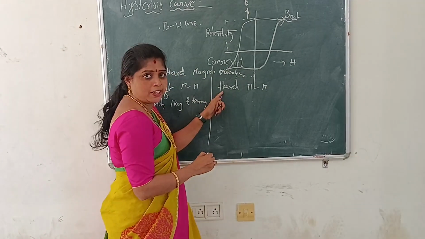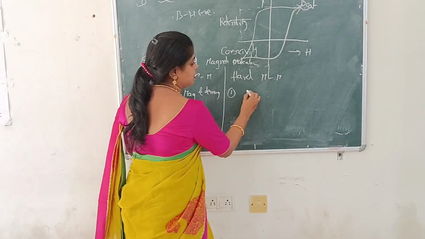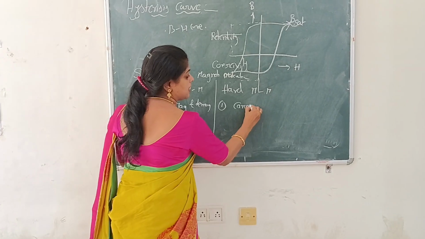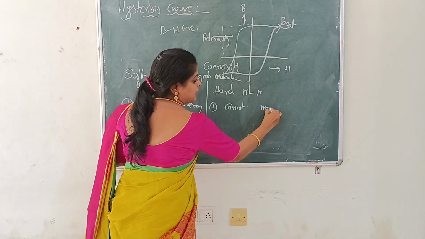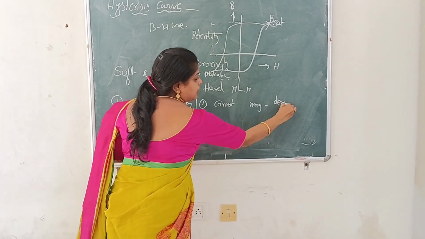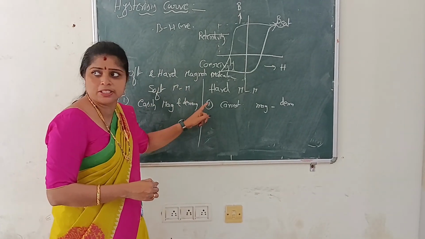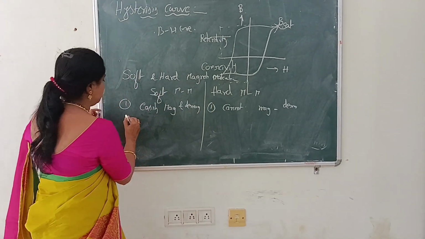What are hard magnetic materials? The materials which cannot be easily magnetized and demagnetized are called hard magnetic materials.